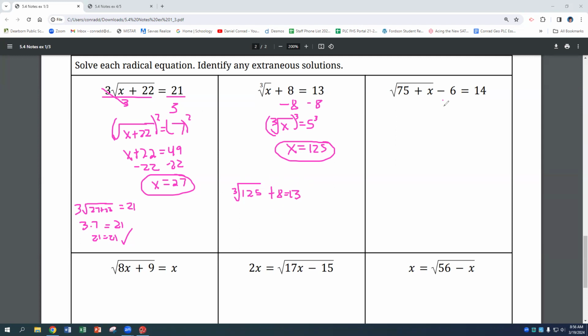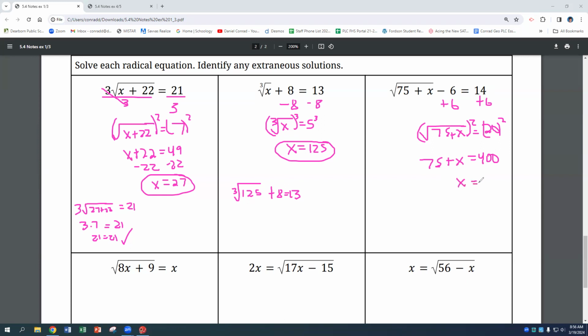All right, next one. Again, we want to get the radical by itself. So I'm going to add 6. So I have square root of 75 plus x equals 20, right? 14 plus 6 is 20. Now I can square both sides. So it's going to be 75 plus x equals 400.